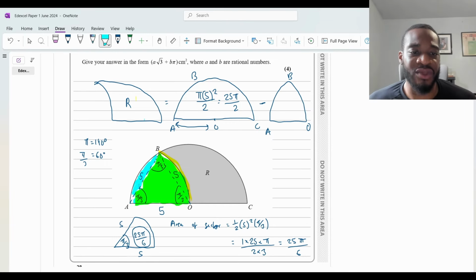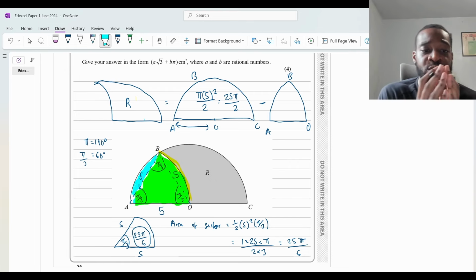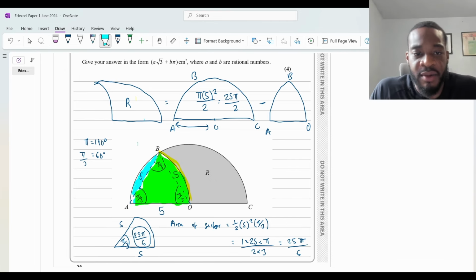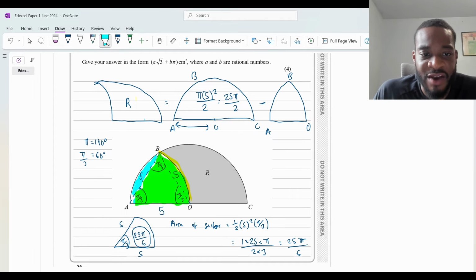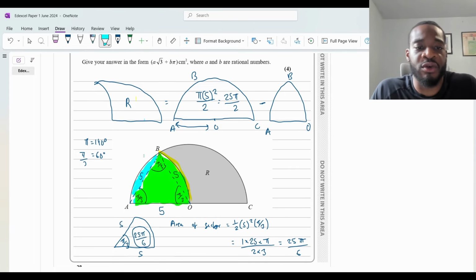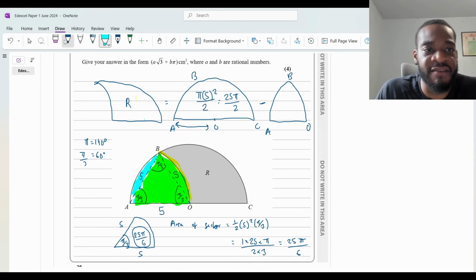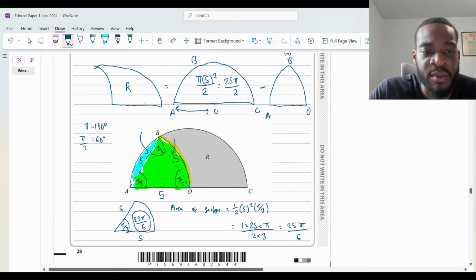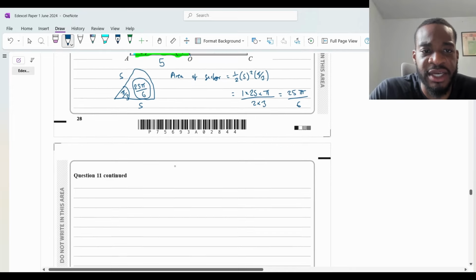Now, how do I find out that area in blue? Well, that's where the triangle comes in. If I find the area of that triangle and subtract it from the sector, it will leave me with either one of those little areas, because it's the same thing, isn't it? So I'll do it on this page here.